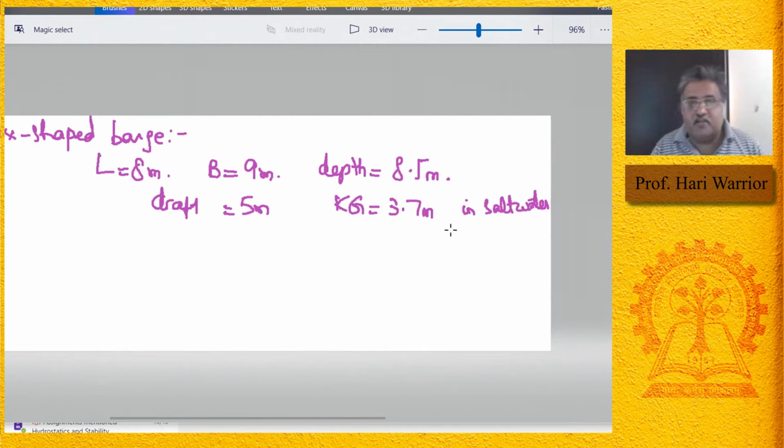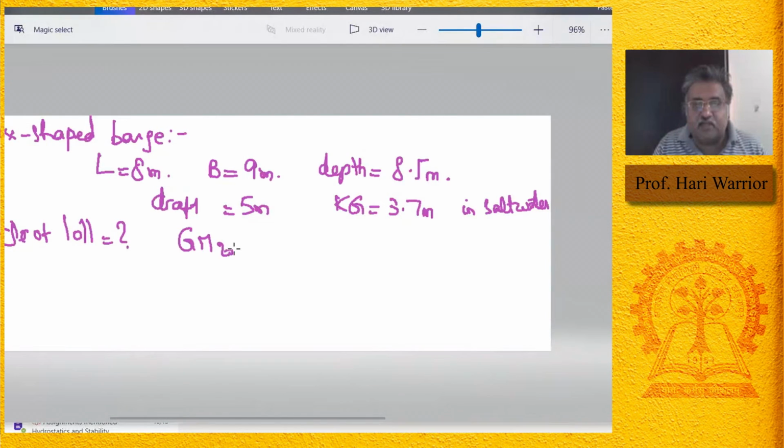Now you are asked to find the angle of loll, equals what? And find the GM at the angle of loll.